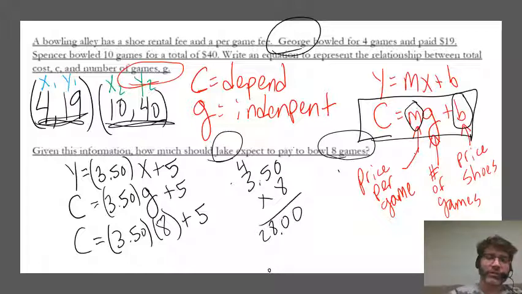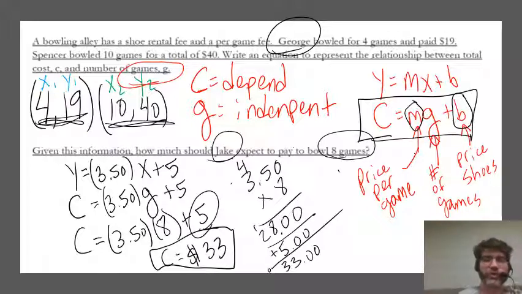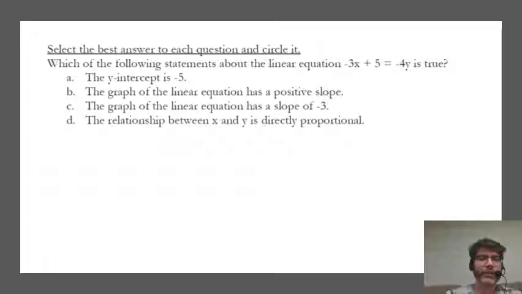So that's $28 plus this $5. 28 plus 5 is $33. Okay, so the total cost for Jake to have an evening at the bowling alley will be $33. 28 of those dollars is for the actual games, and then $5 is for the shoes. $33 in total.